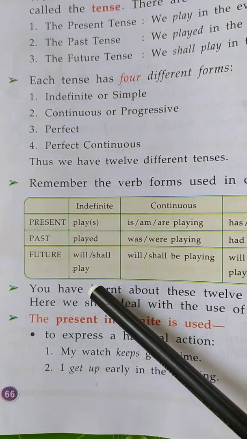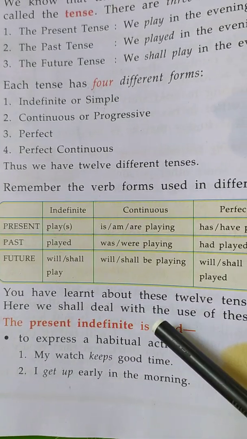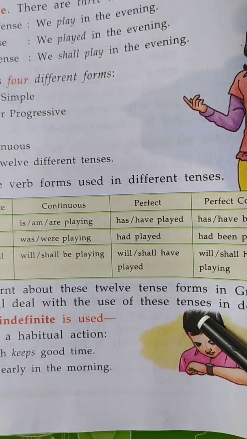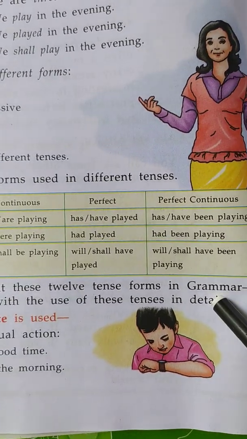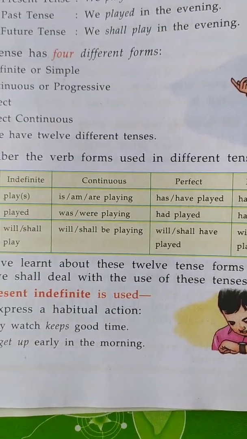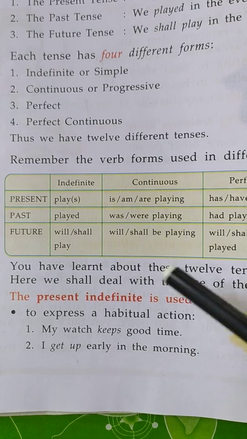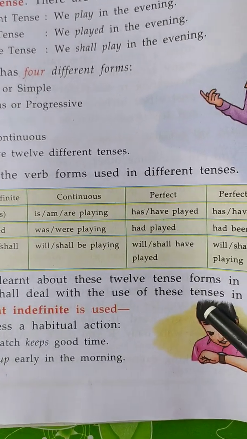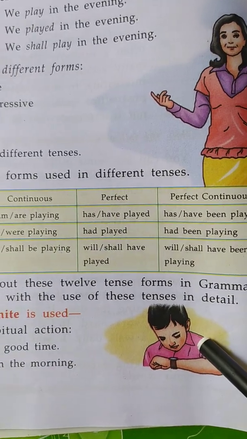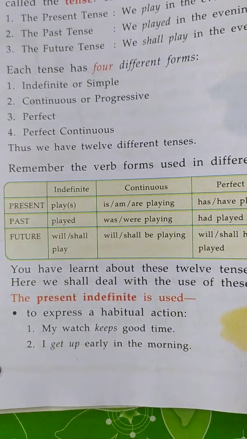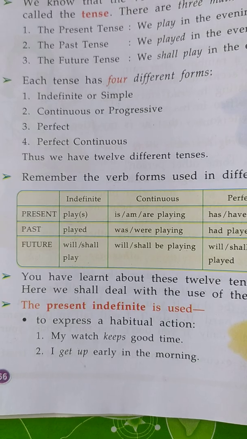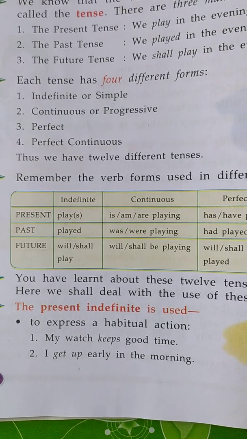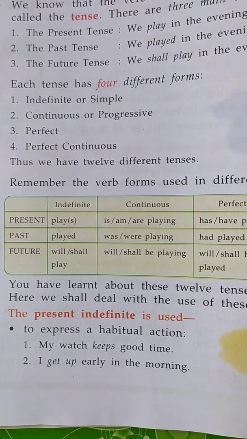Now see, you have learned about these 12 tense forms in grammar 5. Here we shall deal with the use of these tenses in detail. There are the details of each tense given.